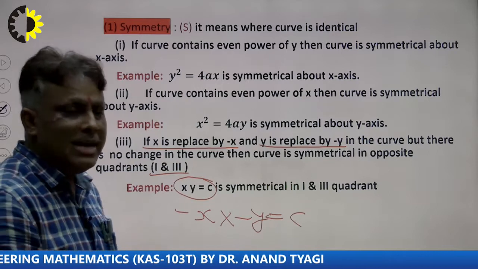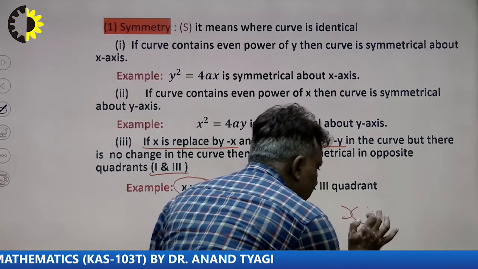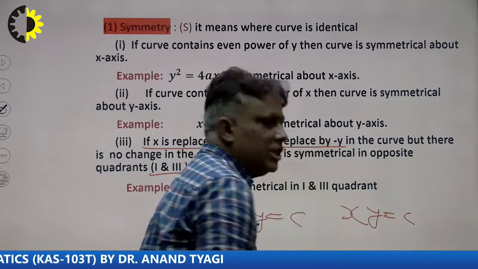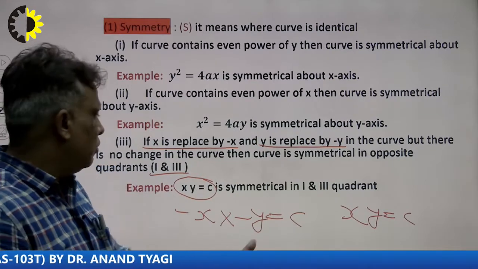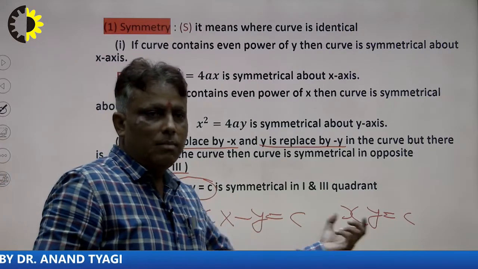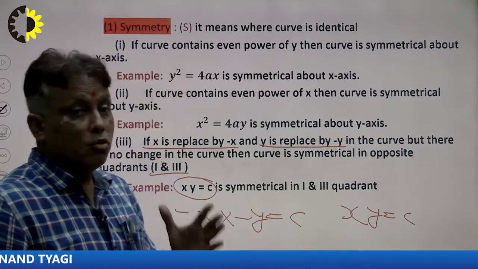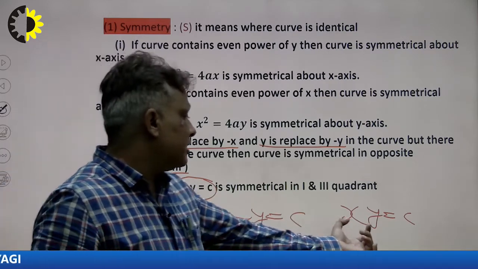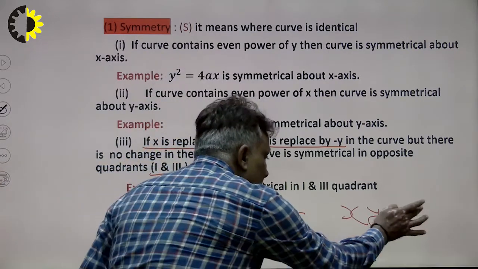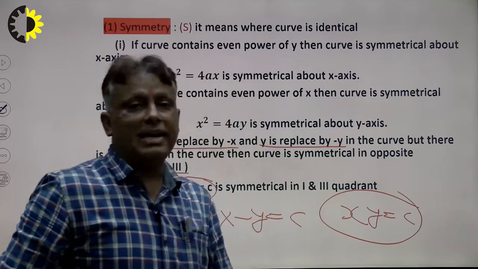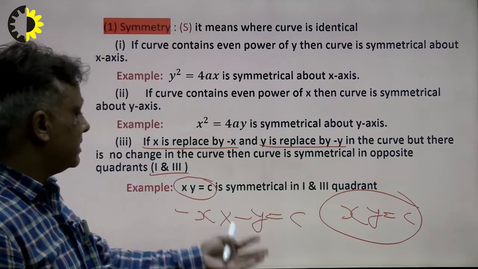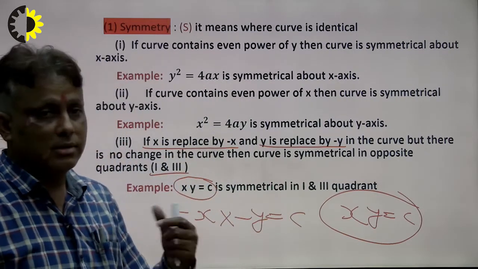So the result will be xy is equal to c. That means there is no effect on the curve by changing this. So we can say that this curve is symmetrical in the first quadrant and third quadrant, right?